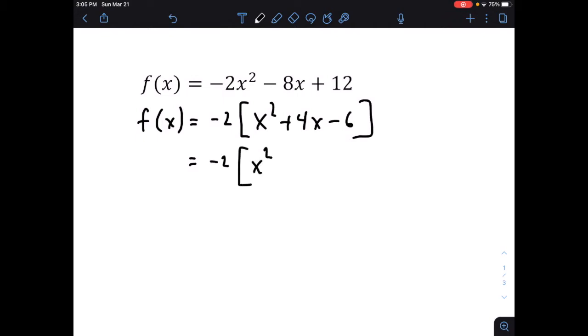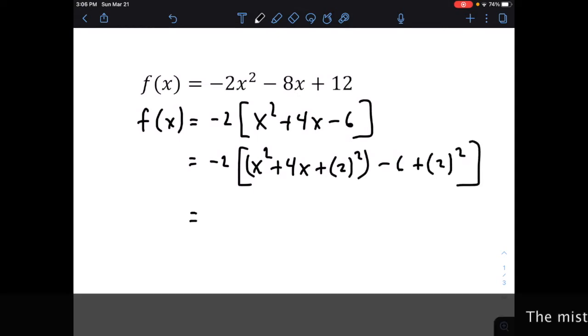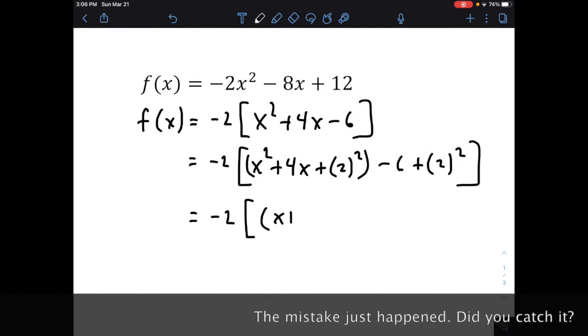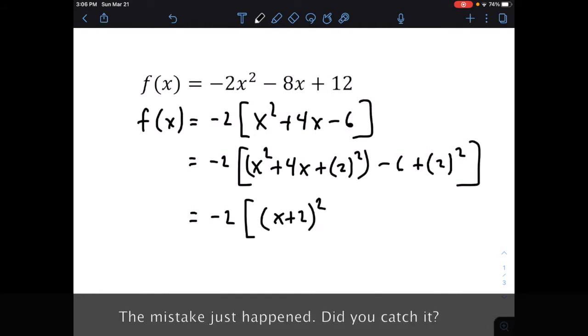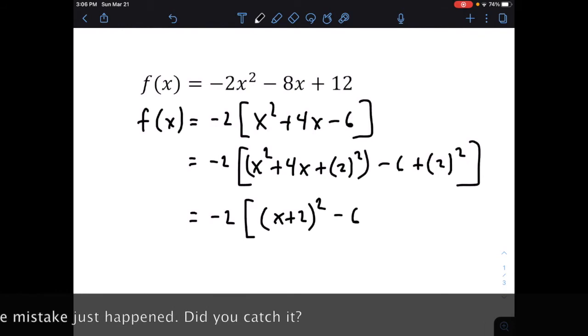So we have x squared plus 4x plus 2 squared. Okay, I'm going to put that all in parentheses because I want to kind of keep that by itself. And then minus 6, and then plus 2 squared. All right, so we have negative 2, and then this becomes x plus 2 squared minus 6 plus 4.